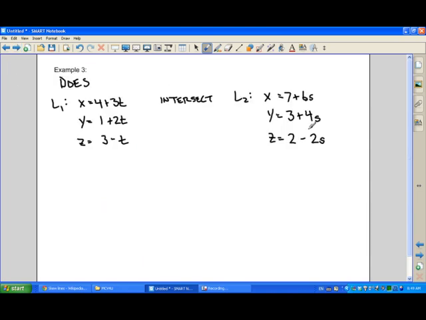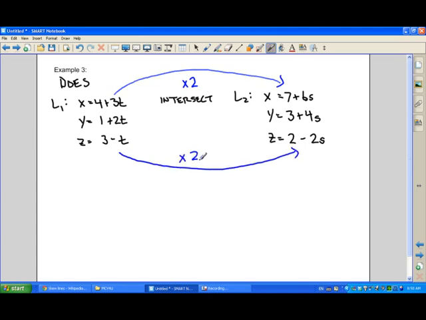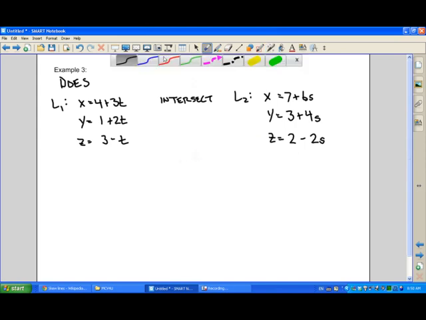Here I have two new lines, line 1 and line 2. And just by looking at this, I should notice that I can multiply the direction vectors by 2, and they'll equal each other. So these lines are parallel, but we want to check and see if they intersect. And we're going to do that a slightly different way this time. I am going to take my x components, so 4 plus 3t, and I'm going to set them equal to each other.